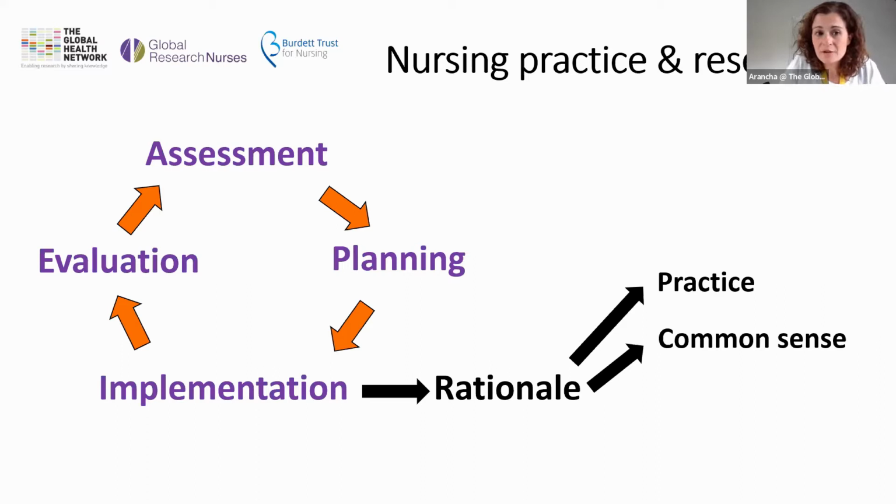Another example: years ago, nursing students used to be taught to massage pressure areas really vigorously with soap and water, under the rationale that this would improve the blood supply and therefore tissue viability. Now we know that if you do that, the area is more likely to break down into a pressure sore than if you don't massage the area, and that the right thing to do is to relieve pressure regularly. So even though it seemed to make sense, it was actually the wrong thing to do.